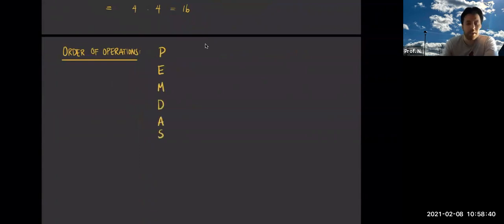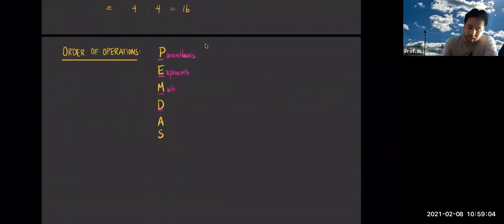This is the way the world works in mathematics. You have parentheses. That's the first order of business to take care of. Then you have the exponents, which is the second thing we take care of. And then the multiplication and division are the third and fourth.